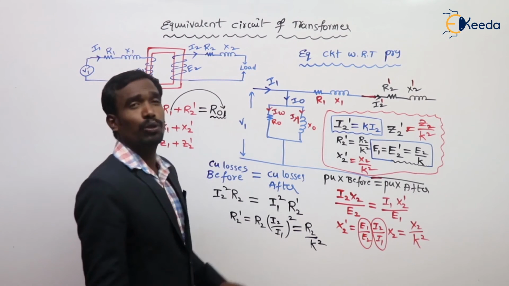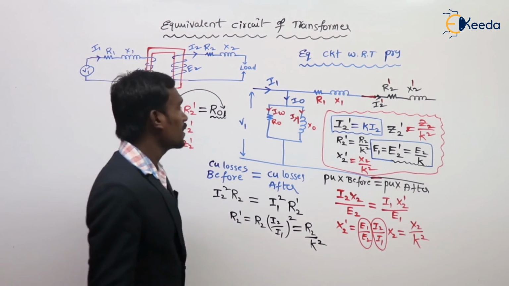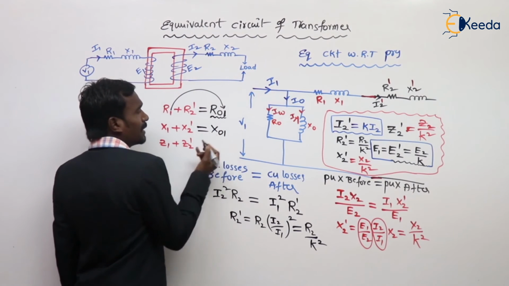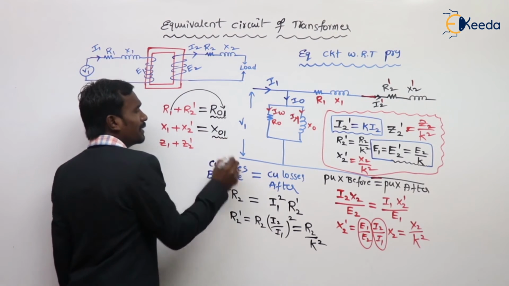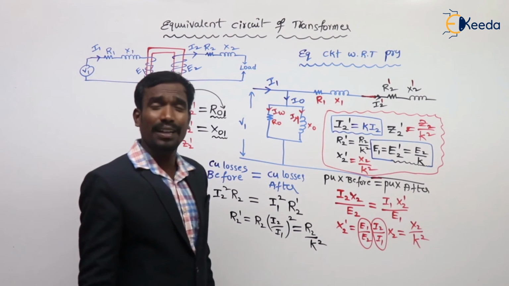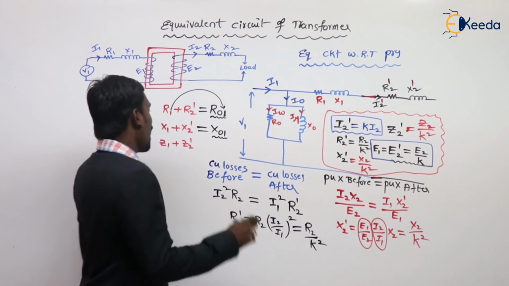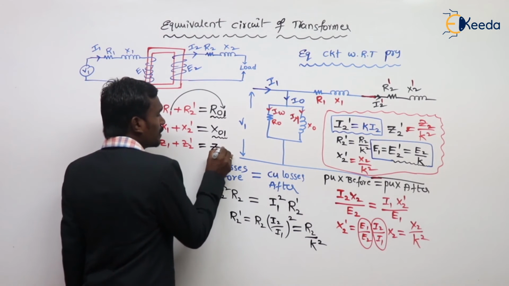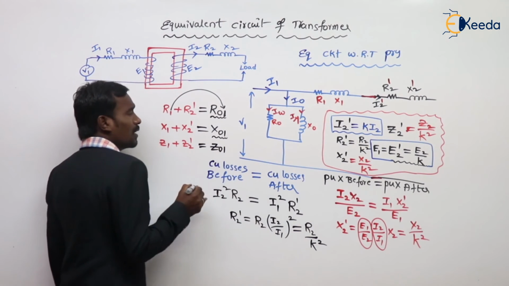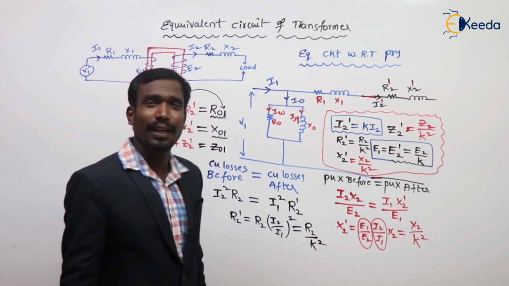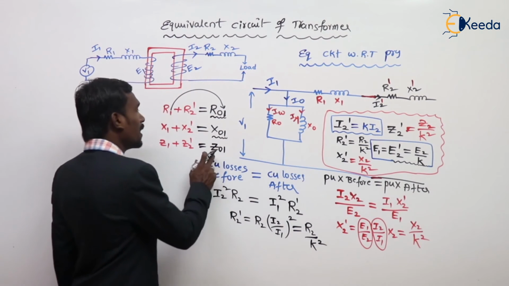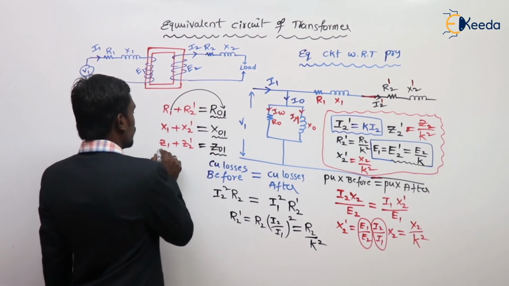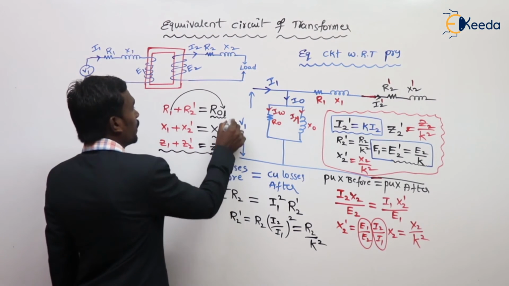Here X01 is the reactance referred to primary. And Z1 plus Z2 dash is Z01, referred to primary. Z01, X01 and R01, this is also important.